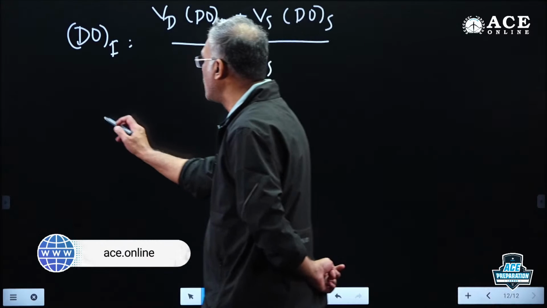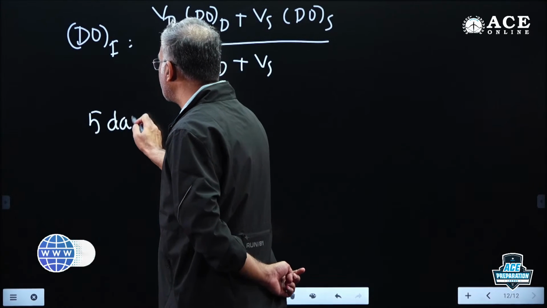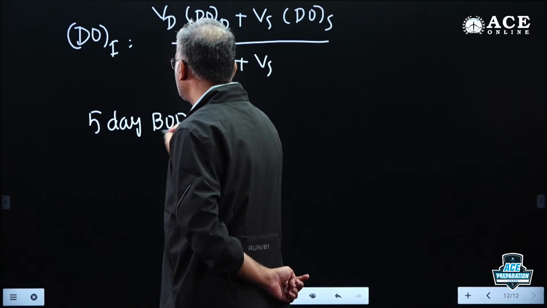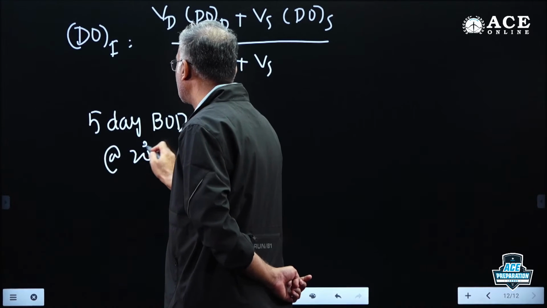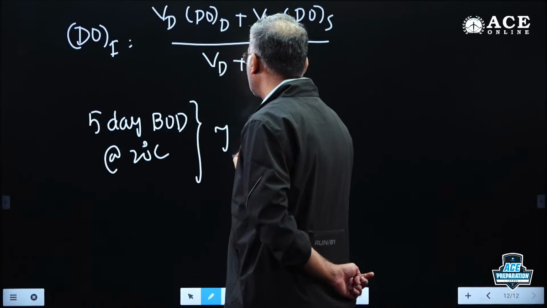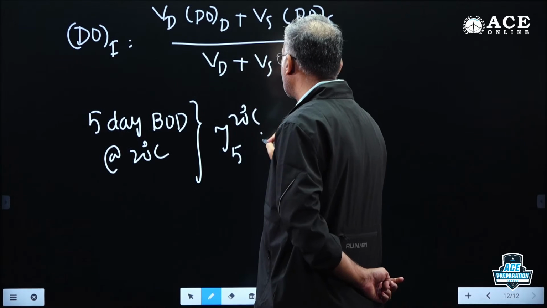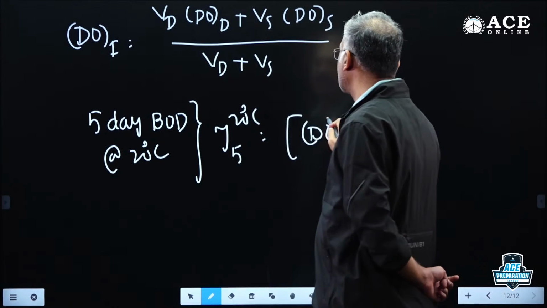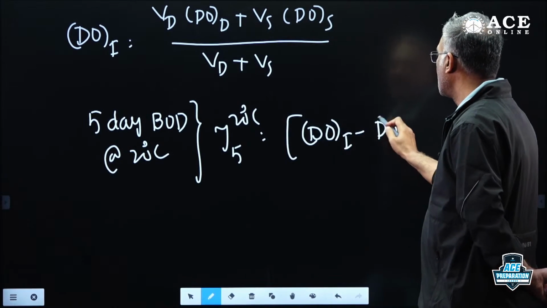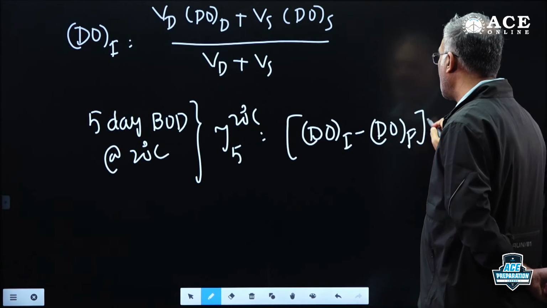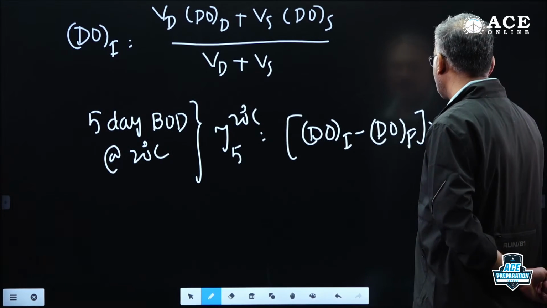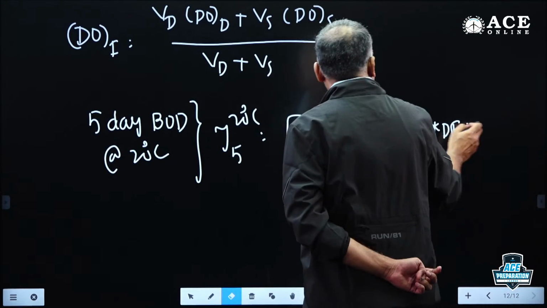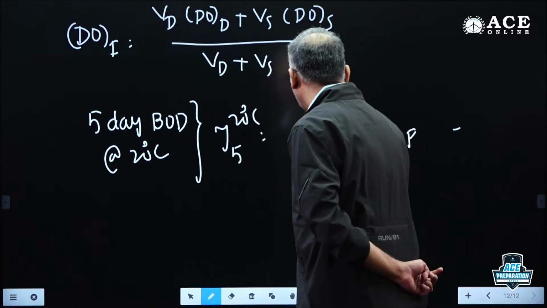What is the mathematical model? 5-day BOD at 20 degrees Celsius is equal to DO initial minus DO final into dilution factor. That is the mathematical model I am talking about.